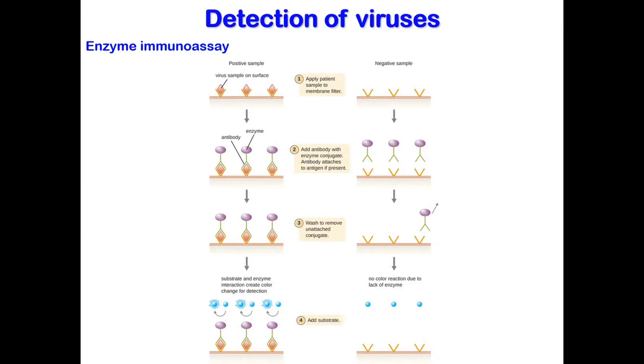Then any unattached conjugate is washed off, and then the substrate is added. So in a positive sample that contains virus, the substrate and enzyme interaction creates a colour change for detection. However, in a negative sample, there's no colour reaction due to lack of enzyme, because the enzyme has just been washed off.